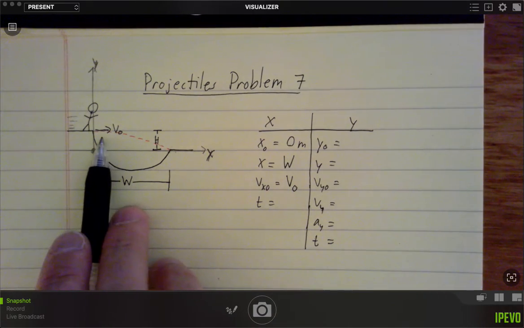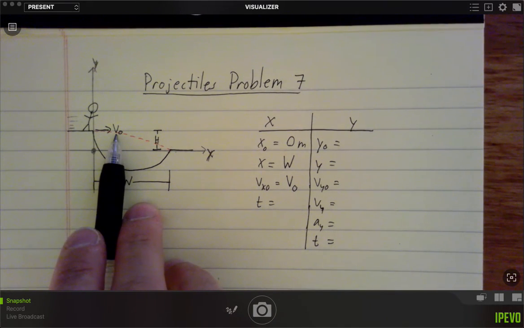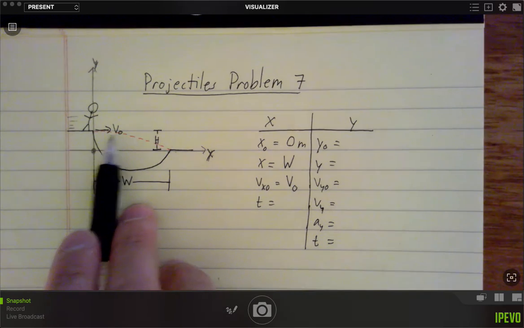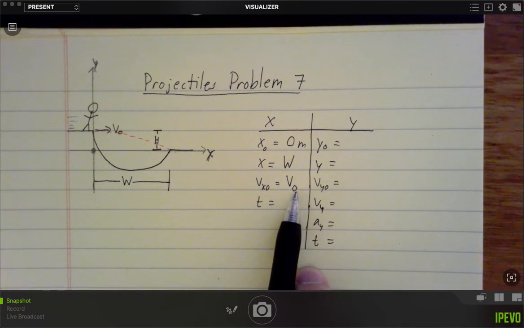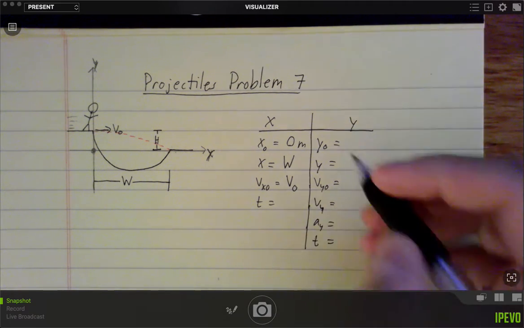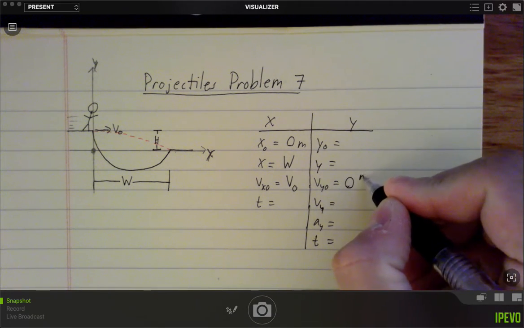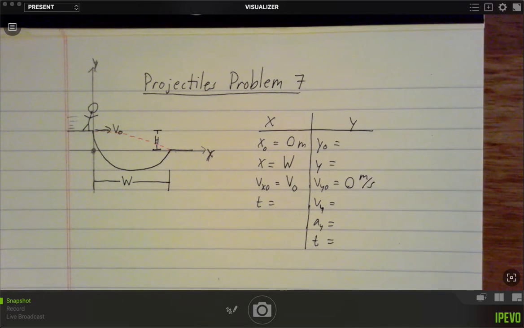The key word in the problem is horizontally. That means that the entire speed that they're using is horizontal. That also means that the initial y velocity is going to be 0 meters per second. So those are some critical things for you to read from the problem.